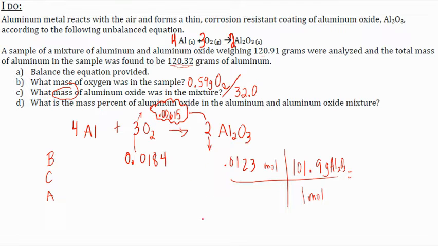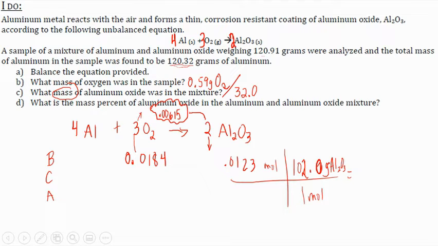Good. Do you see where I got this number from? I took 2 aluminums, so 27 plus 27 is 54. And I took an oxygen, which is 16 plus 16 plus 16. Maybe it's 102 if you round it, but at any rate, it's 102.